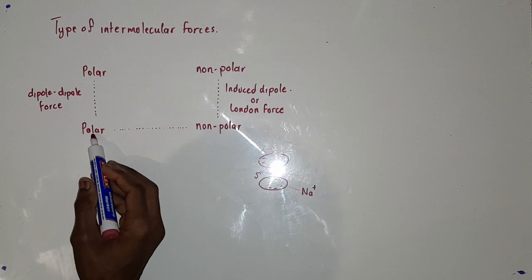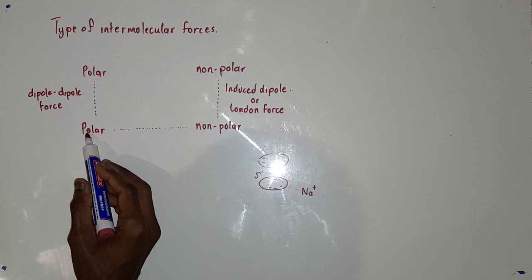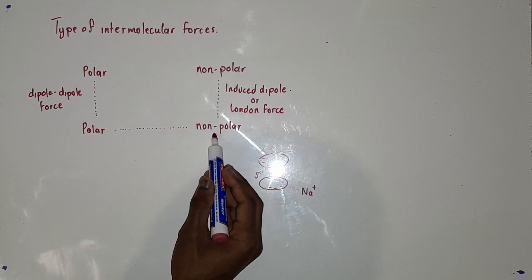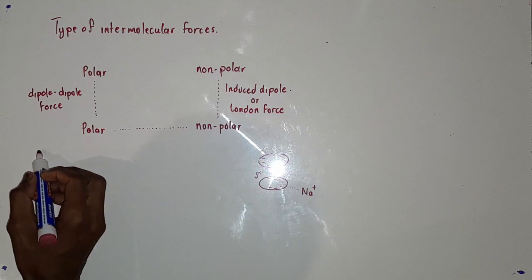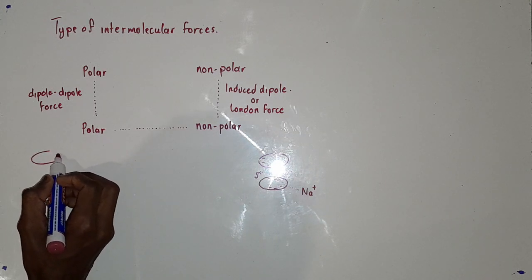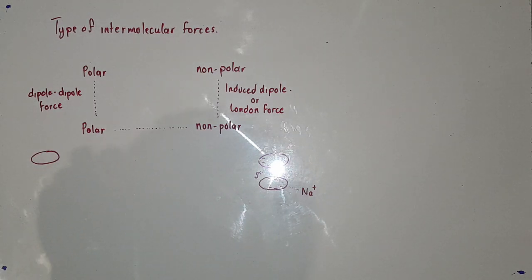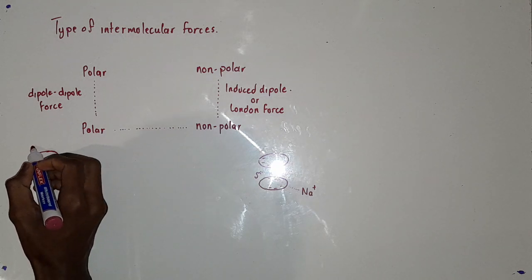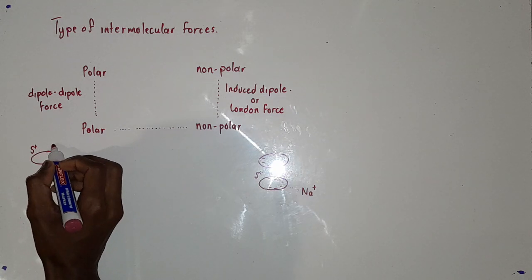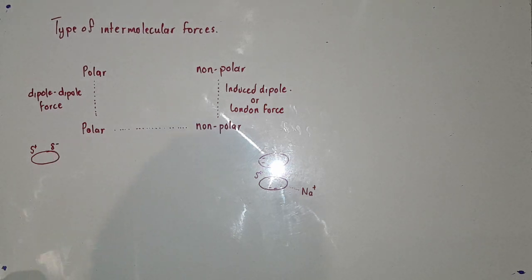Then what is going to happen if we take a polar together with a nonpolar? As for polar, we know polar molecules are dipole, meaning they exist like this. One side is slightly positive, the other side is slightly negative.